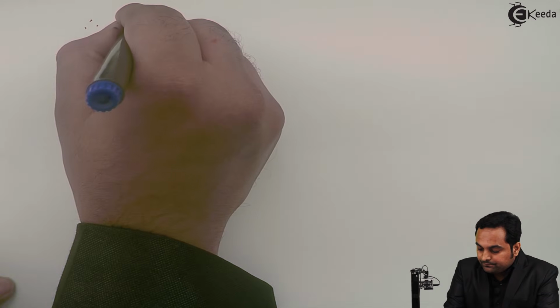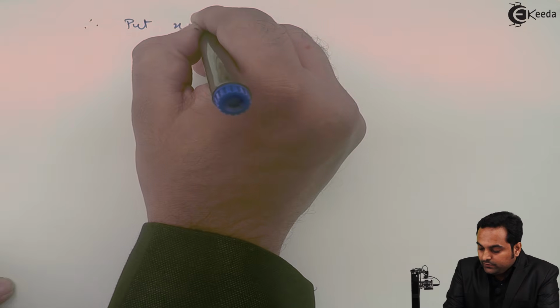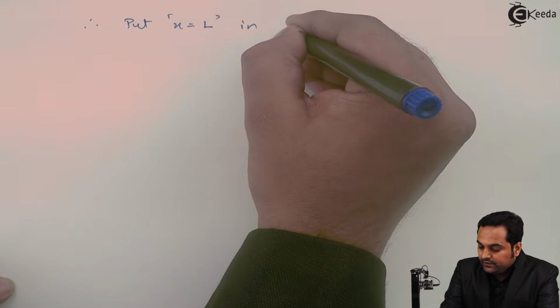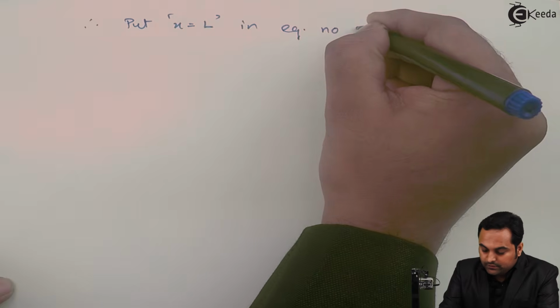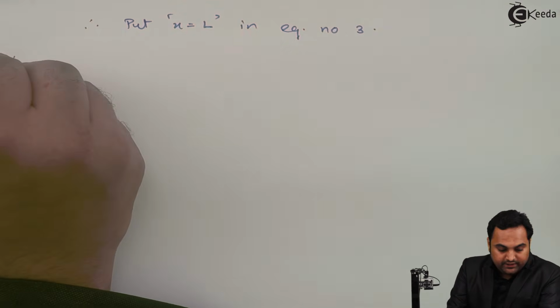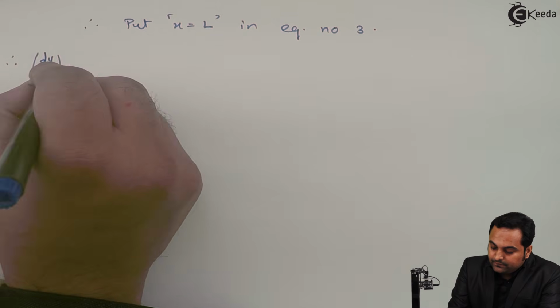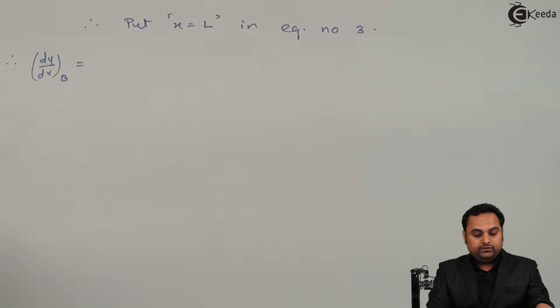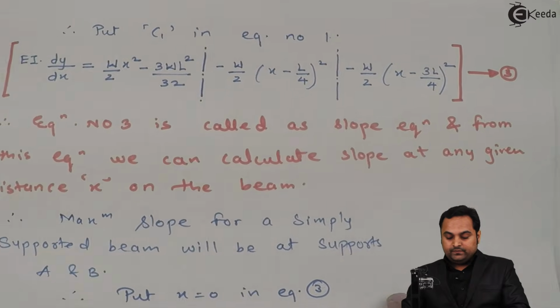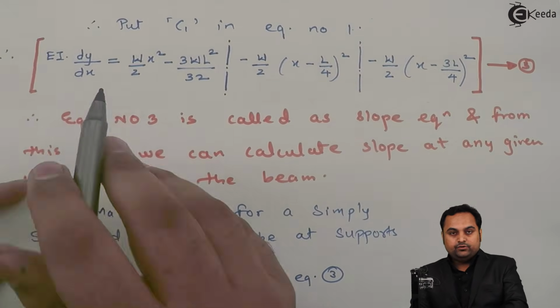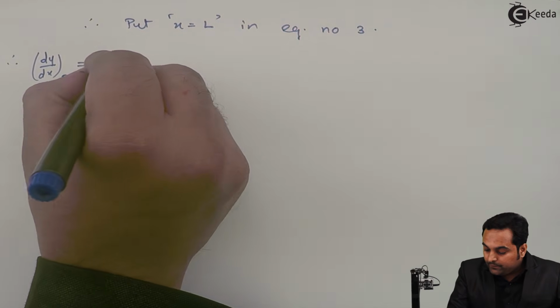So therefore after reaching here, put x is equal to L in equation number 3. So we have, I'll keep dy by dx on one side, at B we have to find out, and here I'm shifting EI onto the other side. So 1 upon EI.